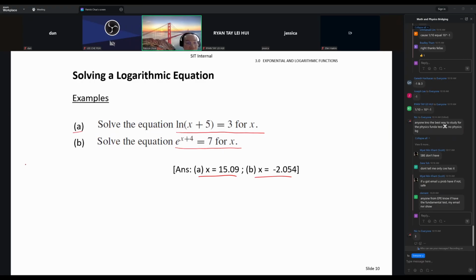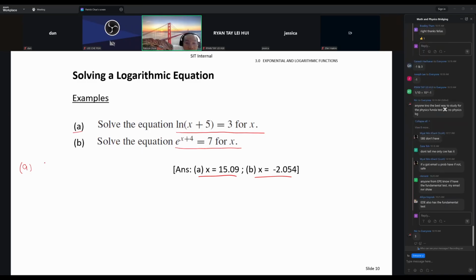For A, we're going to apply some of the rules that we just learned. I'm going to put it in exponential form.